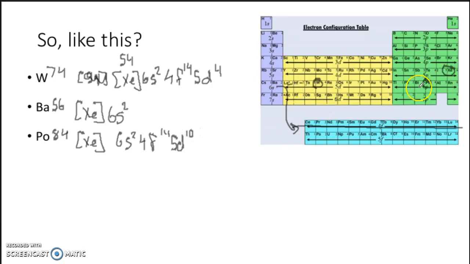I cannot do all of that, right? So I'm here. So xenon, 6s2, 4f14, 5d10, and I have 1, 2, 3, 4 spaces more to go. It's in the 6th row. In the P block, it's the 4th one over. That's polonium. So that's how you do this thing. We'll go over it more in class.